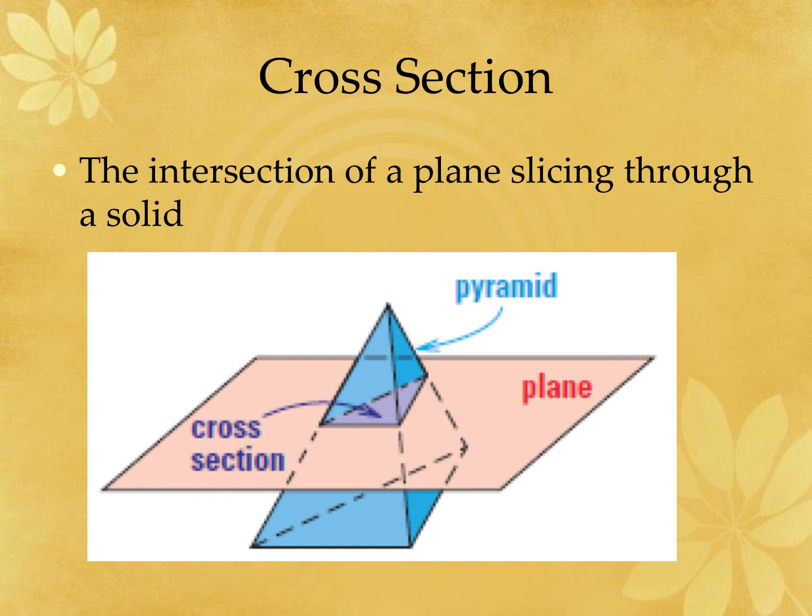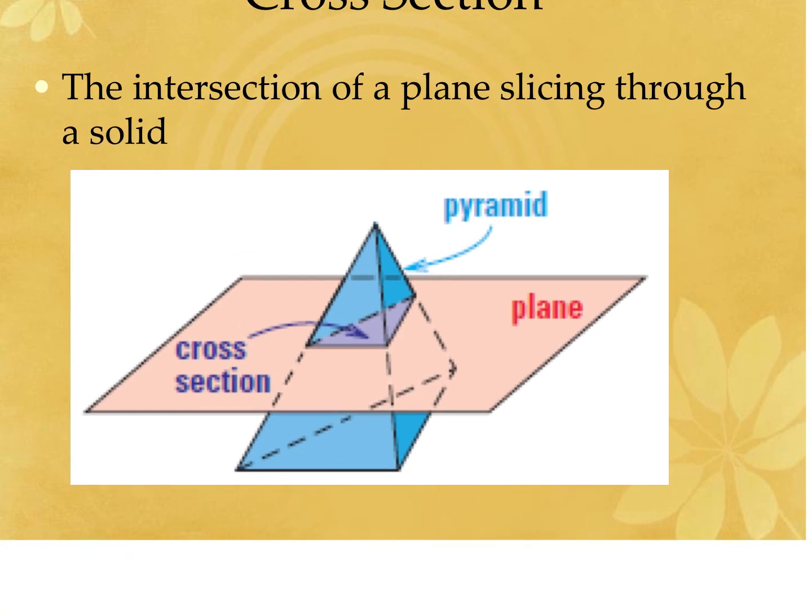And once I took the red plane or that pink plane and I sliced through the blue pyramid, the cross section, when I pulled that top piece off that I cut off, the shape I would see, my cross section is a triangle. Now, every time you slice through your solid, it's going to be a different shape that you see depending on the shape.